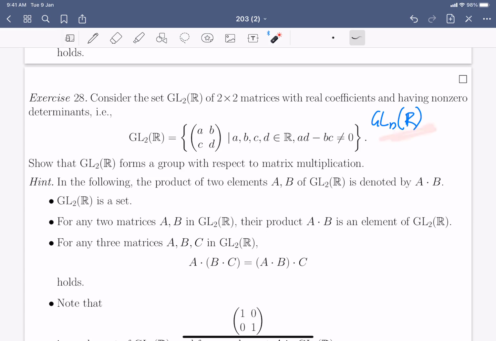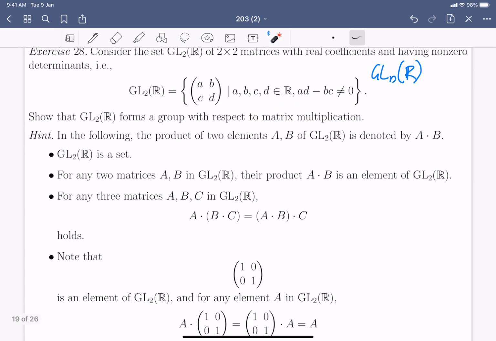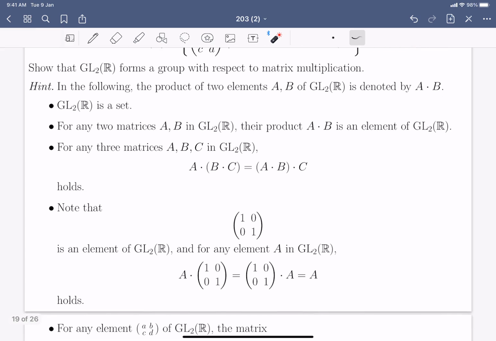So to show that that forms a group with respect to matrix multiplication, we will just try to do it here for n equal to 2. Okay, we will focus only on GL2R. Yes, sorry. Yeah, so there are again, as usual, 5 steps to verify.